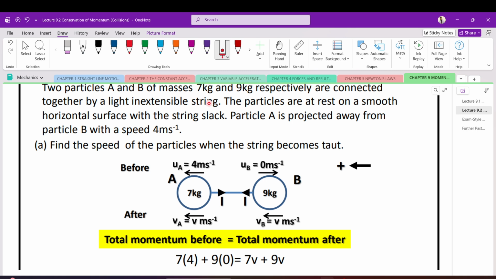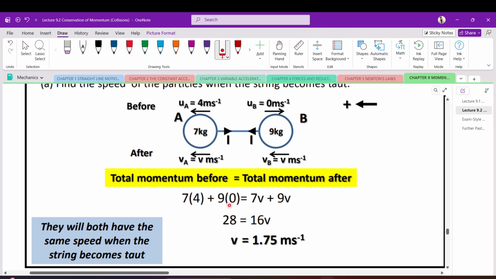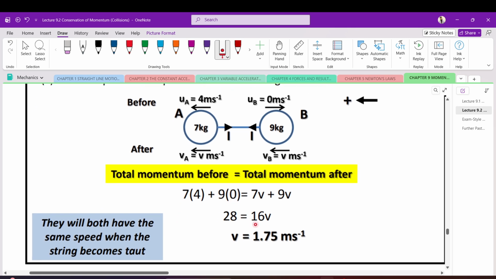Okay, the acceleration of the particles will be constant as well. So throughout we are ignoring any frictional losses, any resistances, right? So they have been ignored in this case. So that would mean that both the particles will be traveling at the same velocity. So here v is equal to 1.75 meters per second.